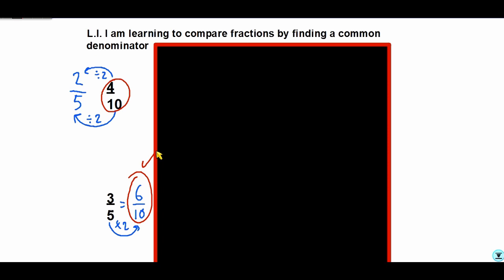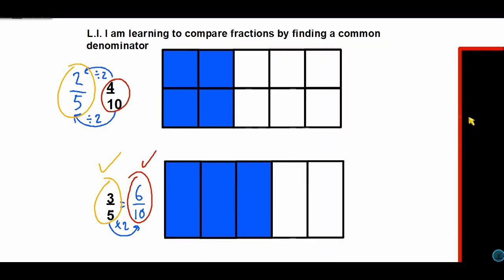Or I could compare, let's change color here, 3 fifths with 2 fifths. And once again, we see that 3 fifths is the bigger one here. So it doesn't matter what way you compare them, you will still find the same answer. And to see this graphically, it bears true. You can see that either way you slice it, the bottom one is bigger than the top one.